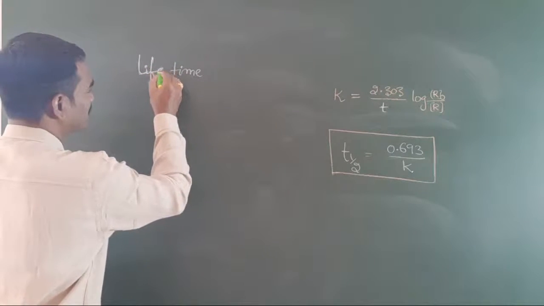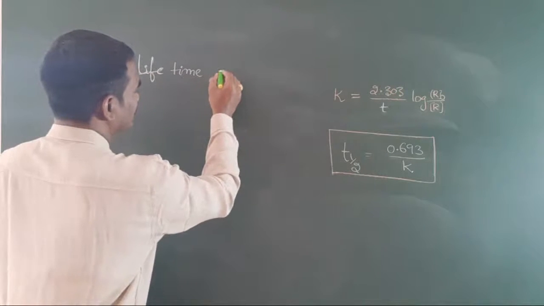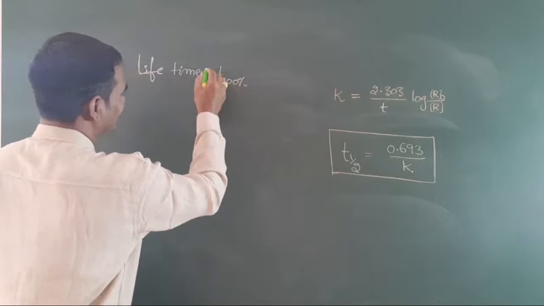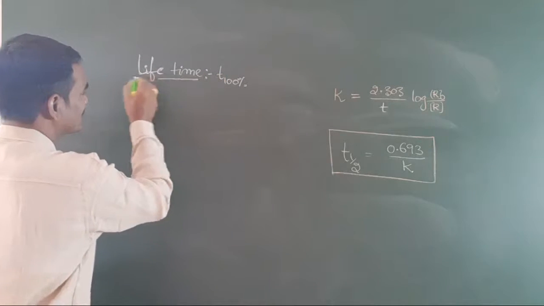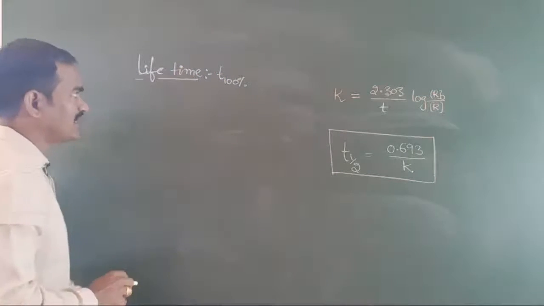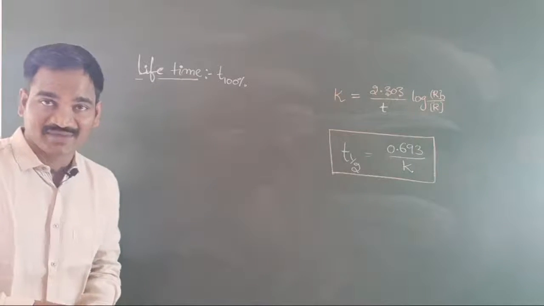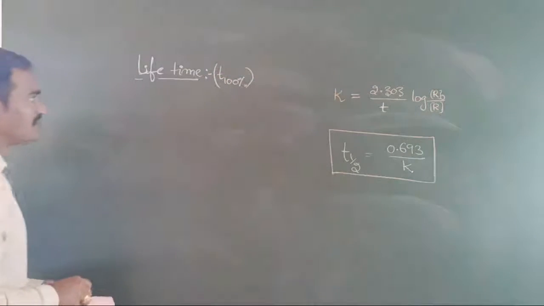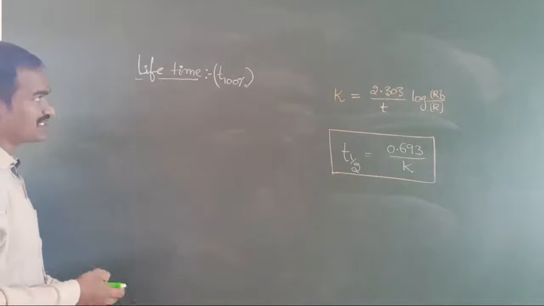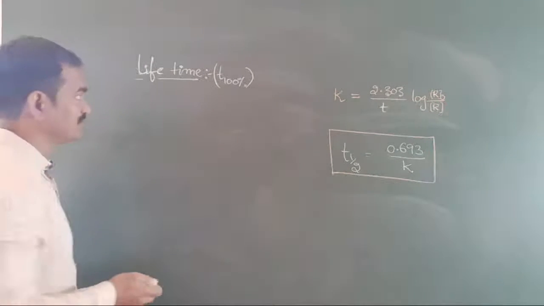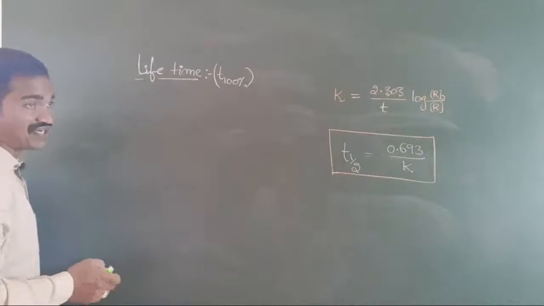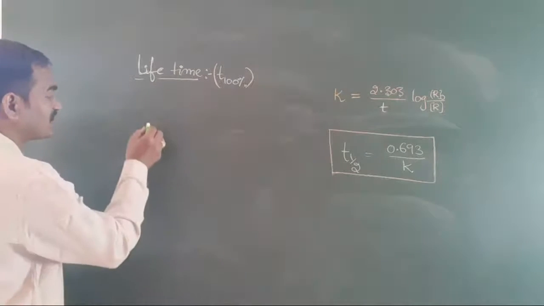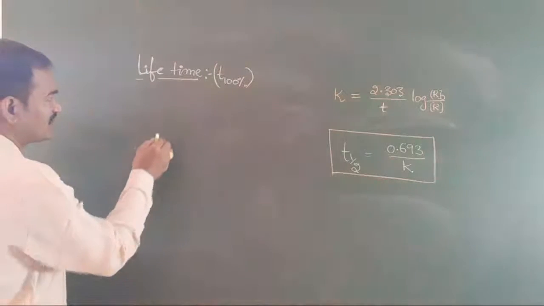Simply T 100%. So lifetime is nothing but T 100%. Now how can we find the lifetime for a first order reaction? Lifetime for first order. Don't forget about this.